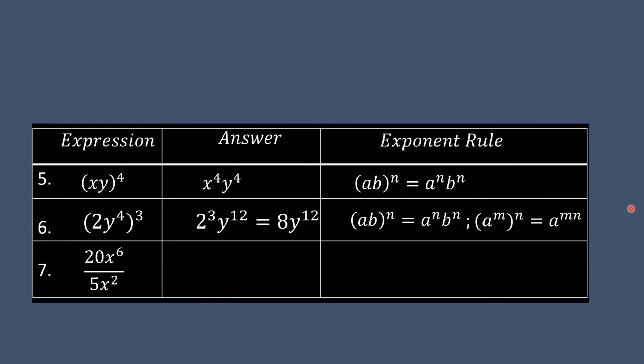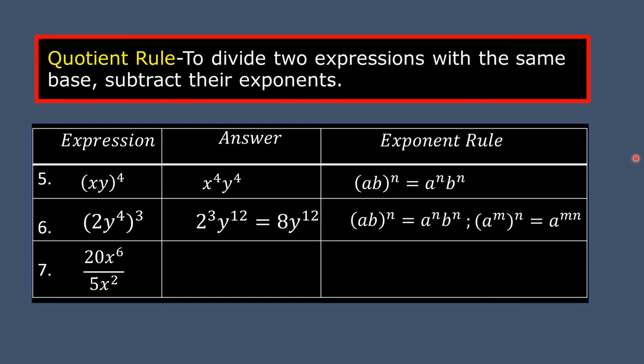Number 7. In number 7, we have 20x raised to the exponent of 6 divided by 5x squared. We are going to divide first 20 by 5. And then, we are going to use the quotient rule: to divide two expressions with the same base, subtract their exponents.